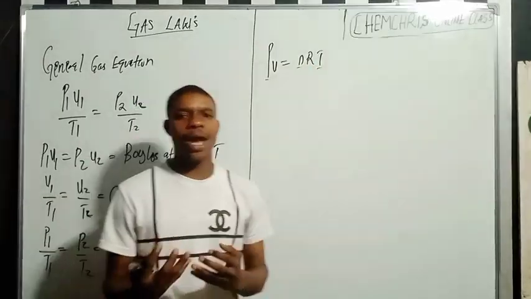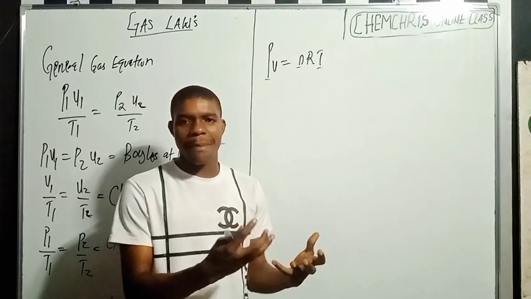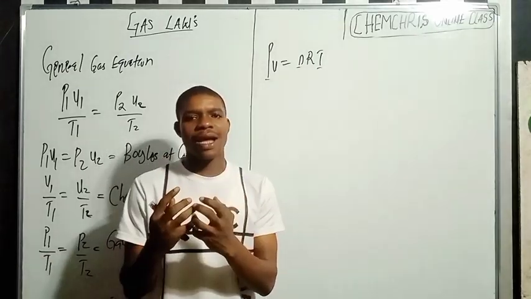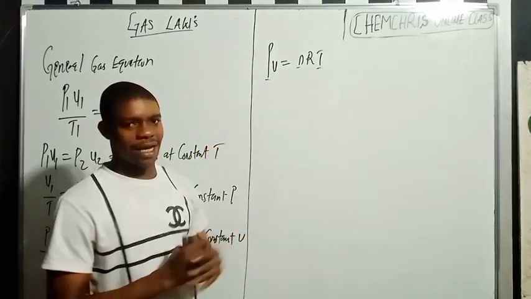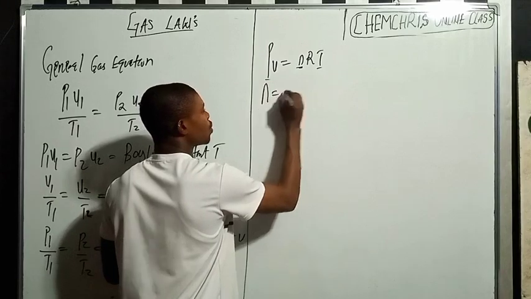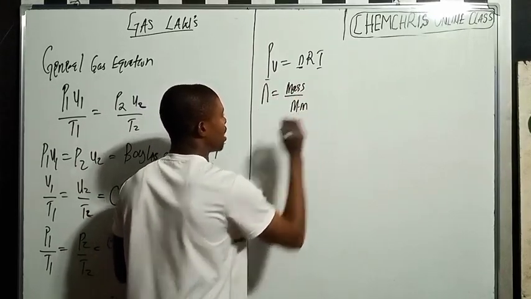But in a situation where you are asked to calculate the mass or the molar mass of the gas, how are you going to do that? If it's related to mass or molar mass of the gas, we have to break this down. Remember, mole equals mass over molar mass, right?